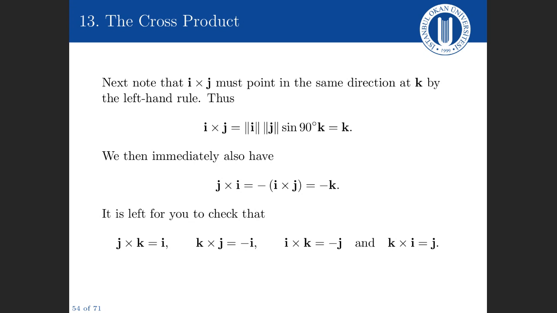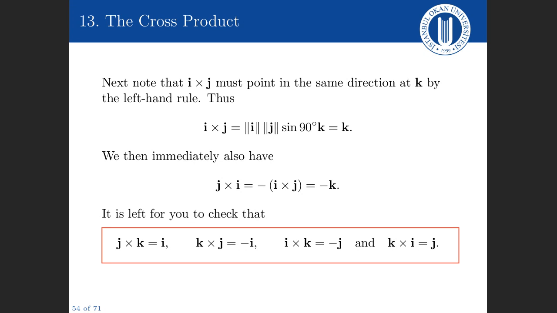We can do the same thing for j cross k, k cross j, i cross k, and k cross i. I'm going to leave this for you to think about. Go back to the picture 2 slides before and hold your hand in front of the picture with your fingers pointing in the particular directions and look to see which direction your thumb points in.